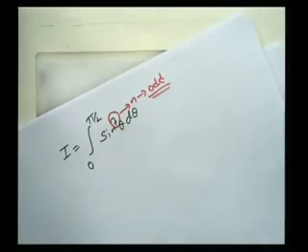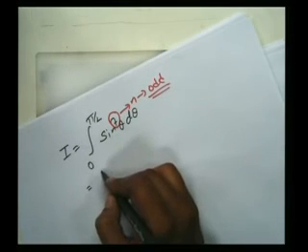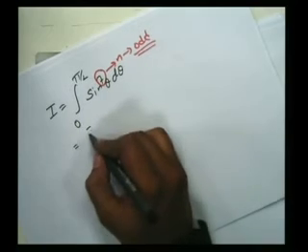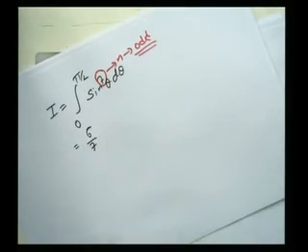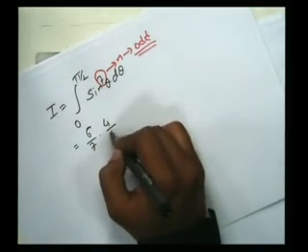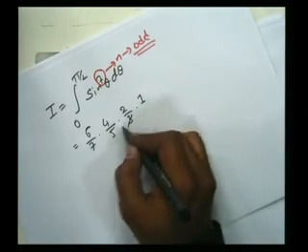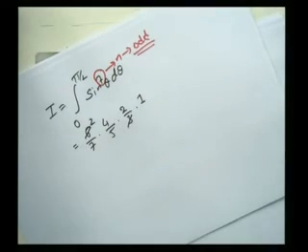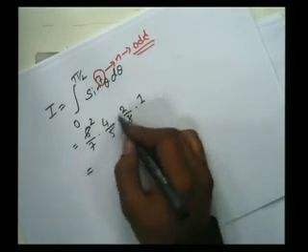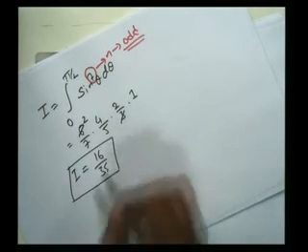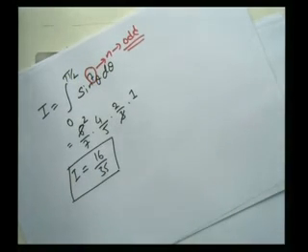So the result of integration by applying the reduction formula is 6 by 7 into 4 by 5 into 2 by 3 into 1, which is equal to 16 divided by 35. Okay, finished.